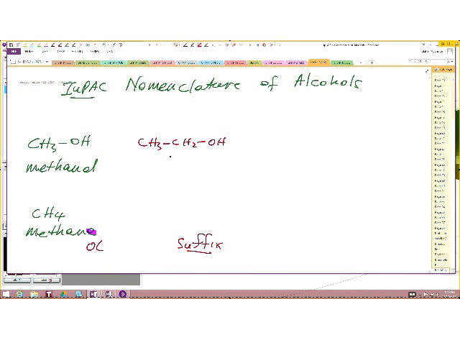This is ethanol, even though the common name is ethyl alcohol. Remove the E ending of ethane, replace it with OL, and you get ethanol. Propanol.